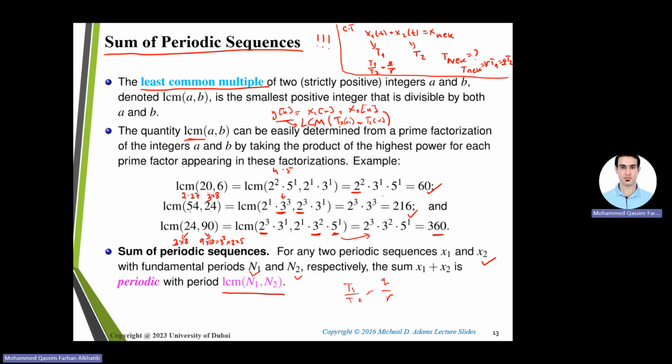So LCM is the least common multiple. Okay, so how to get it? I think that's something you probably did in math, so I'll not spend time on that one.